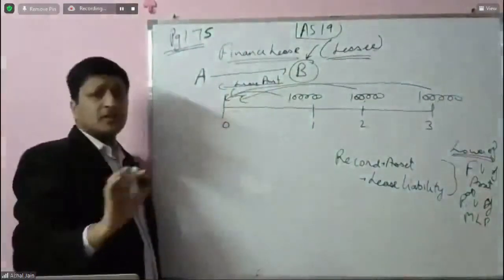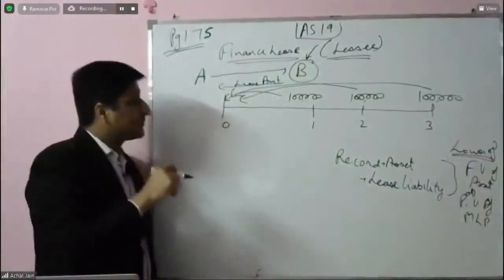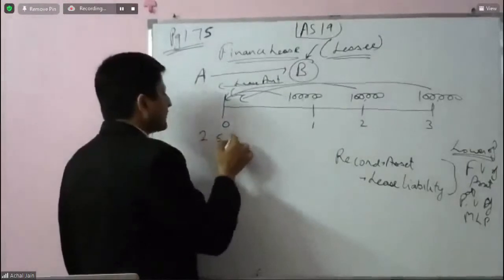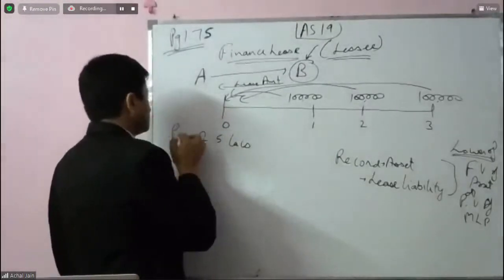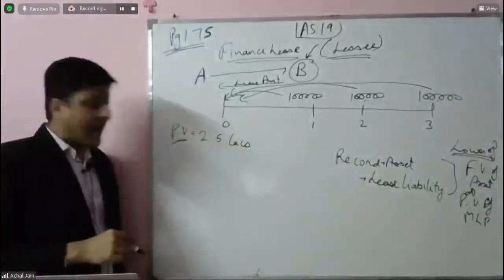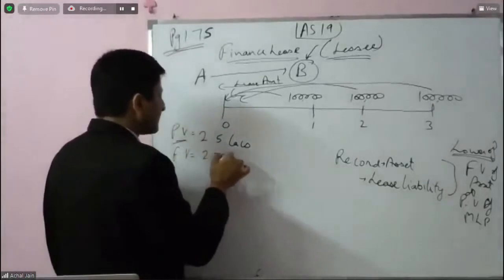As of now, we have not discussed the computation, so please don't worry about the computation of present value. Let's assume this present value comes out to 2.5 lakhs. Okay. And let's suppose fair value of the leased asset was 2.75 lakhs.